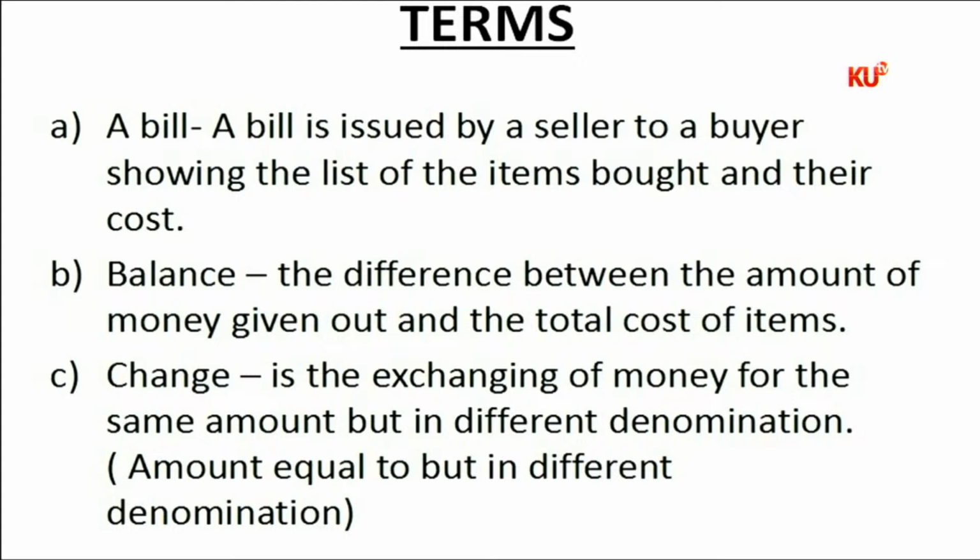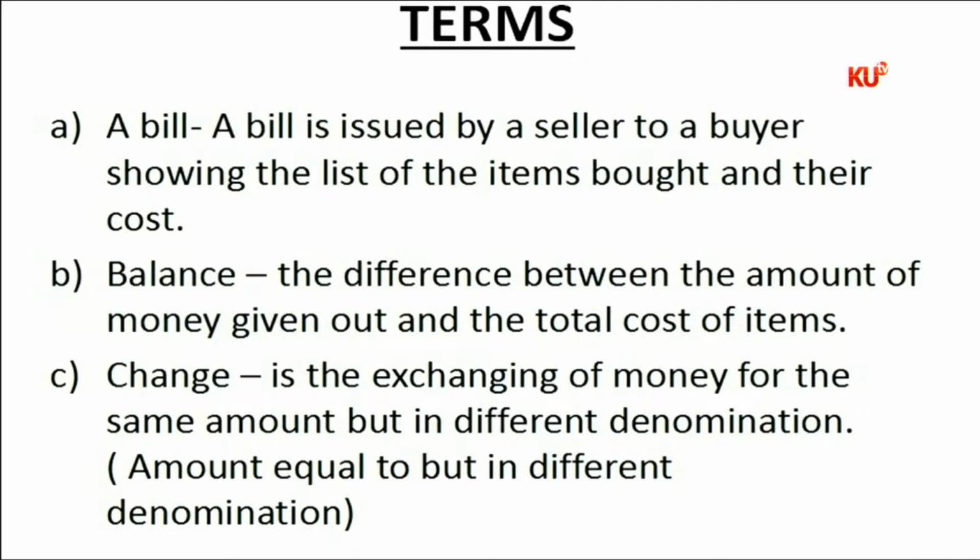So that amount is equivalent. It's only that the denominations are different. So remember, our money exists in two denominations, that is in note form and also in coin. So the moment you exchange, you get the same amount of money but in different denomination. That is what we call change.